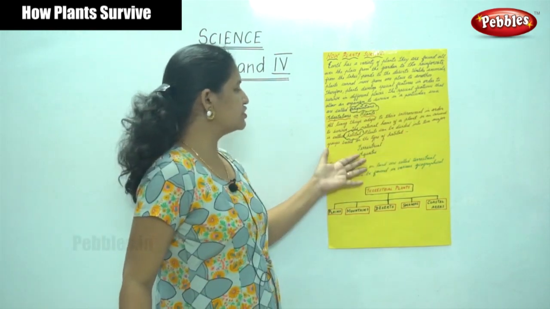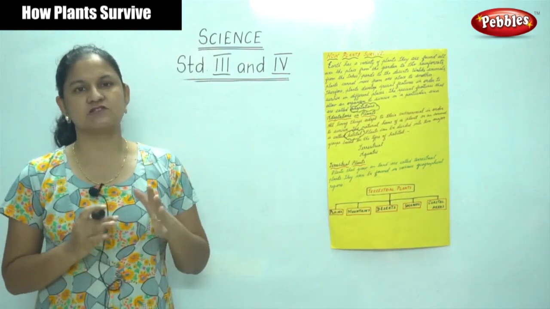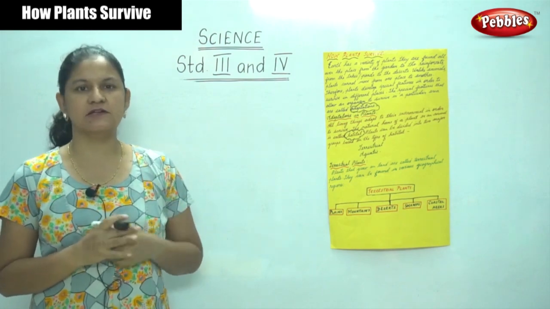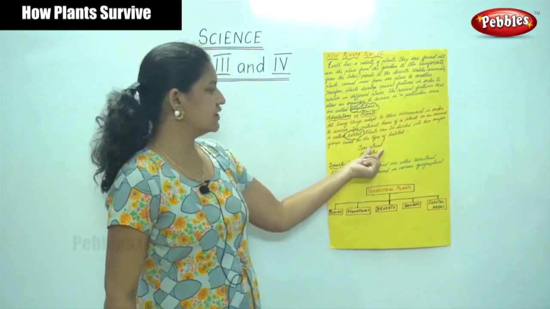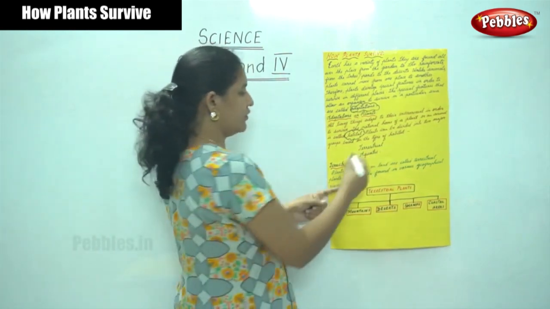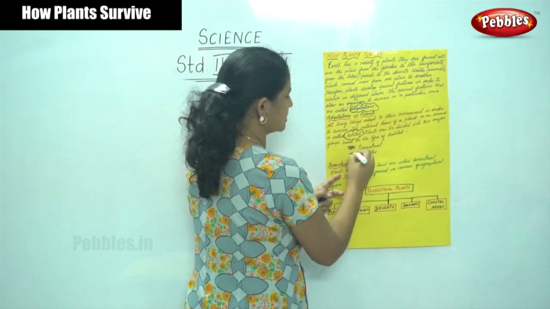Plants can be divided into two major groups based on the type of habitat, that is, your terrestrial and your aquatic.